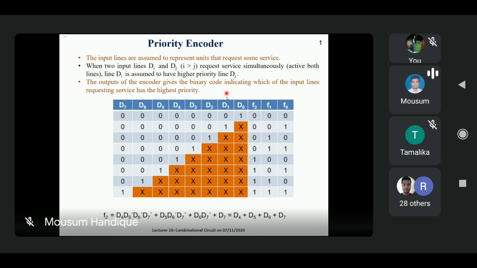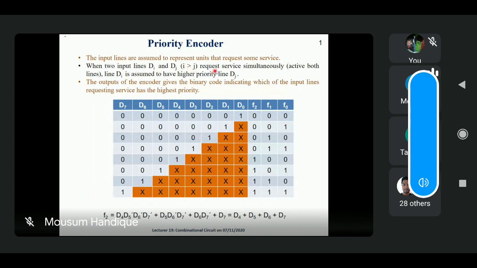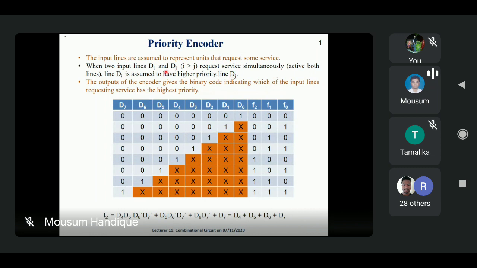Now see here, we are giving some priority to the input lines. Suppose in this particular problem there are 2 input lines Di and Dj, and we assume that i is greater than j, and they request service simultaneously, that means Di and Dj are both active, suppose 1 1.